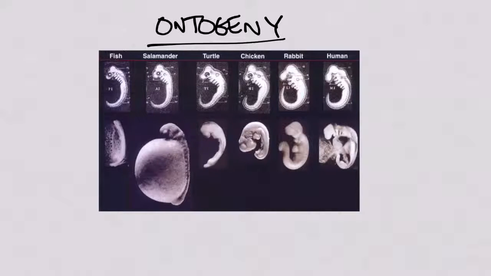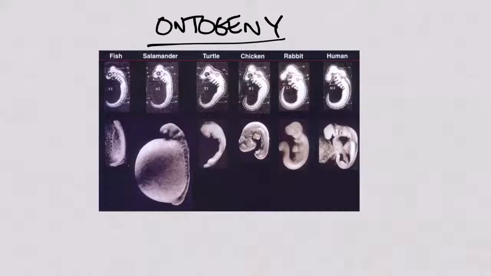All those genes that determine what's going to go where are the same, or very similar, in the fish, the salamander, turtle, chicken, rabbit, human. They're called homeobox genes. And you had a little group quiz a while ago on that, how that's evidence for evolution.